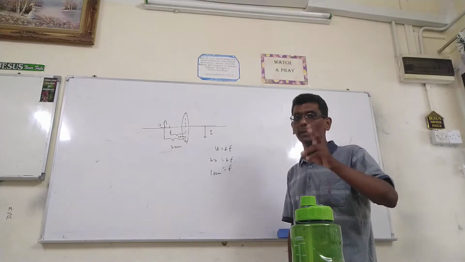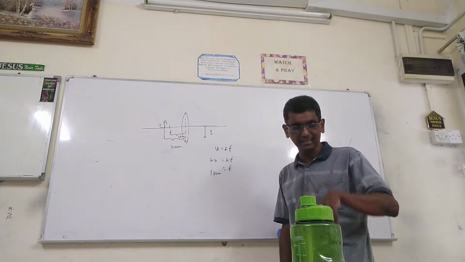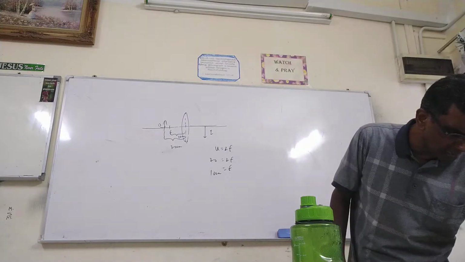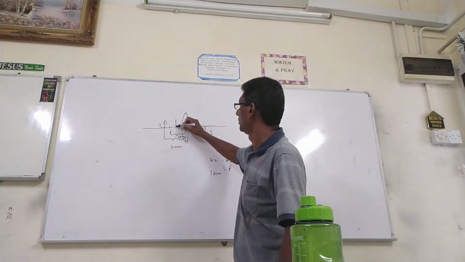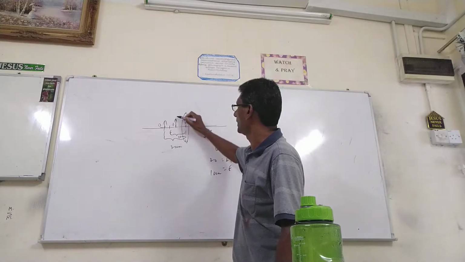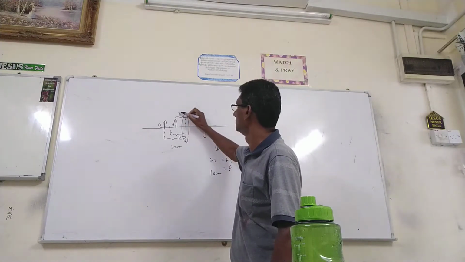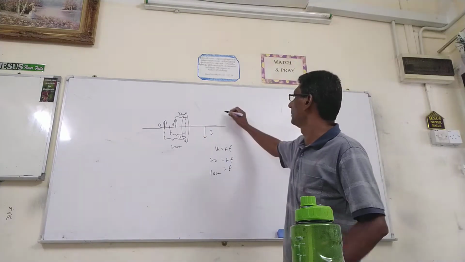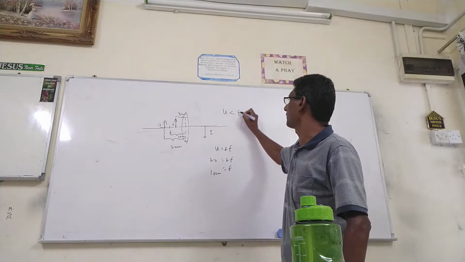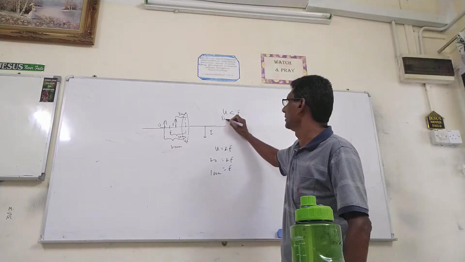Now the object is placed 8 cm, which is less than the focal length.